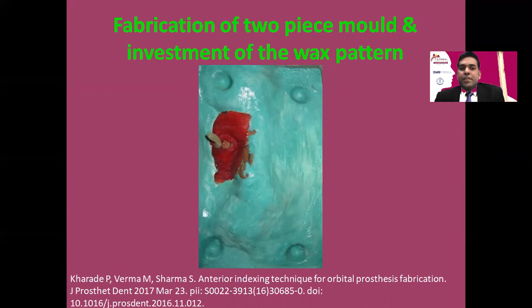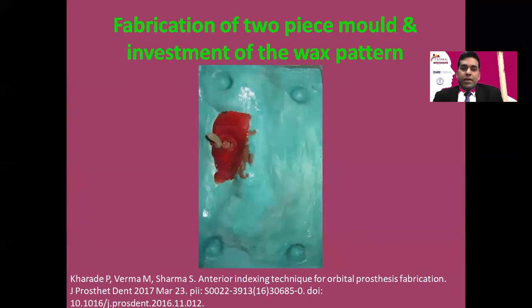Here you can see that the anterior index has been attached on the scleral part, and the iris portion is covered with adhesive tape so that it will not get damaged. And the wax pattern will be covered by the second part of the mold.